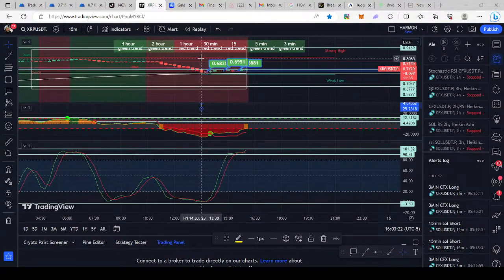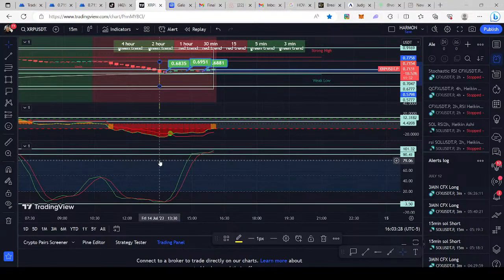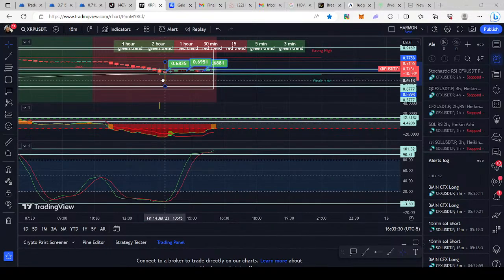On the 1330, we can see this is where the 15-minute, look at the 15-minute, right? See where it starts to go up there? And it's about 1345. And we get a green moon in that area.